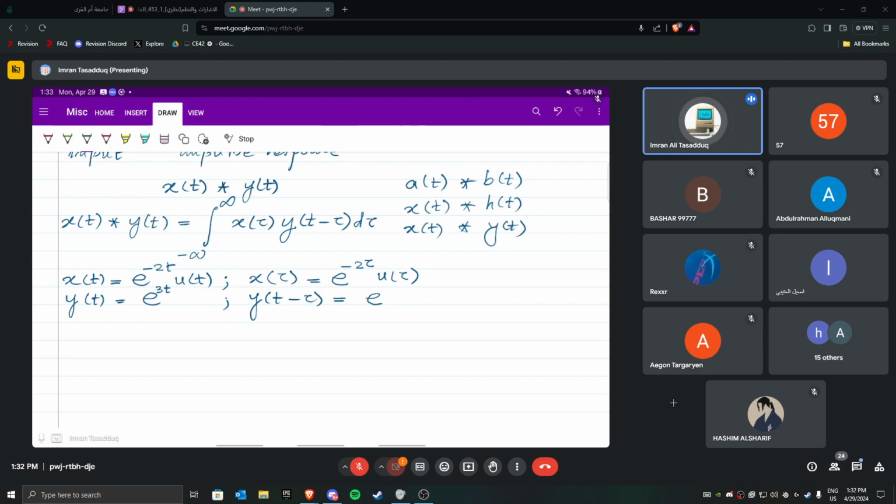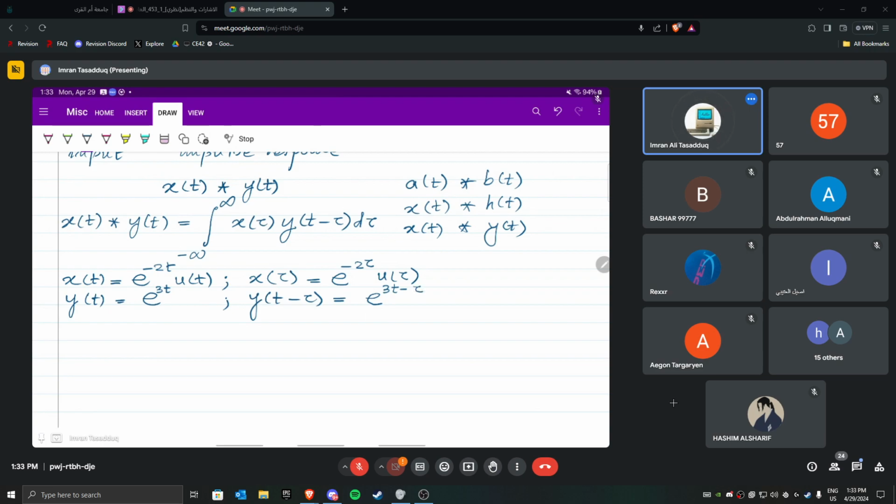I have y of t and I need y of t minus tau. Minus tau. Yes, e to the power 3 times t minus tau. But there is a catch here. Many times the students write it like this: 3.